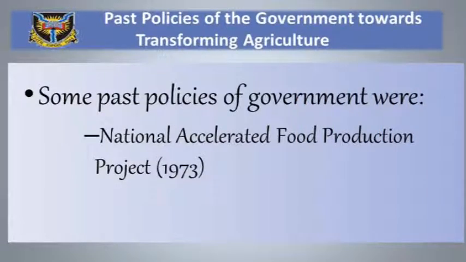Past policies of the government towards transforming agriculture. In this activity, we shall collaboratively review the past policies of the Federal Government of Nigeria towards transforming agriculture. Study the resource below and respond to the task that follows.